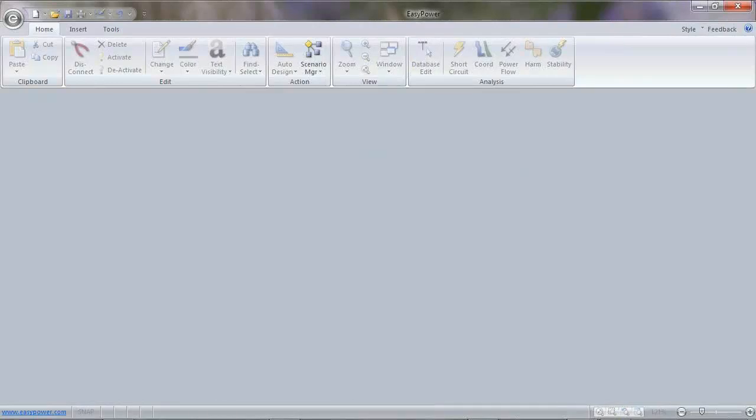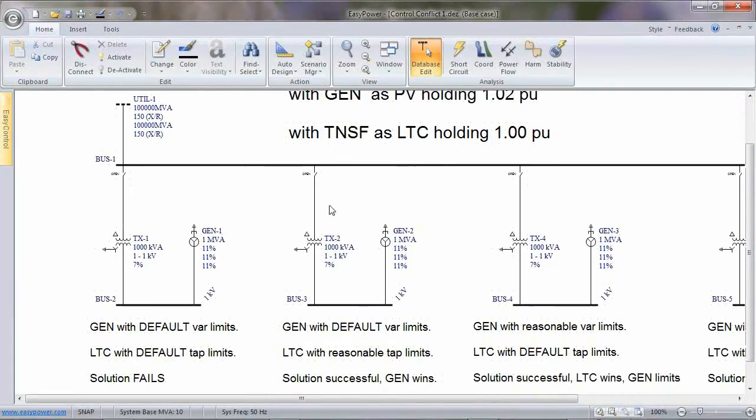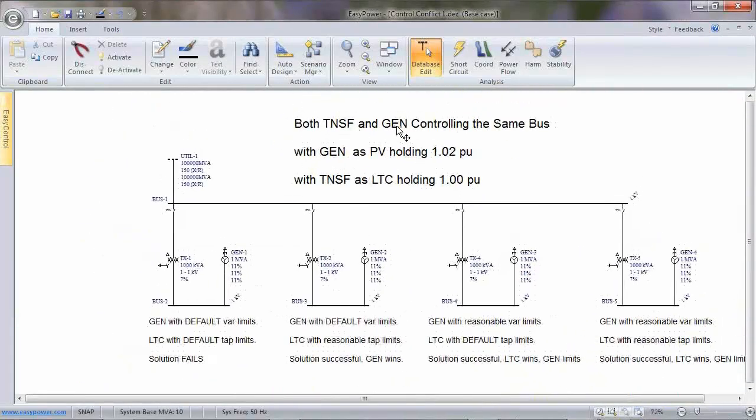Okay, so let's look at control conflict. In this case, I have a transformer and a generator controlling the same bus. Now just realize it doesn't have to be necessarily the same bus. If these are tightly coupled, maybe through a cable or something else, they can still be so close that they're really fighting each other.